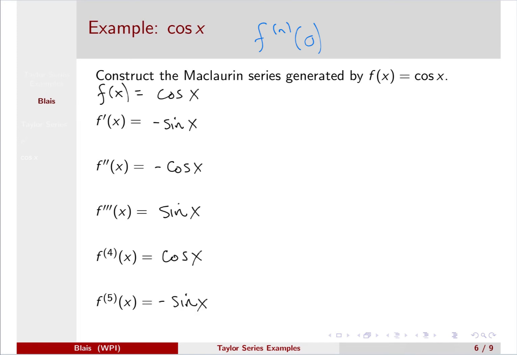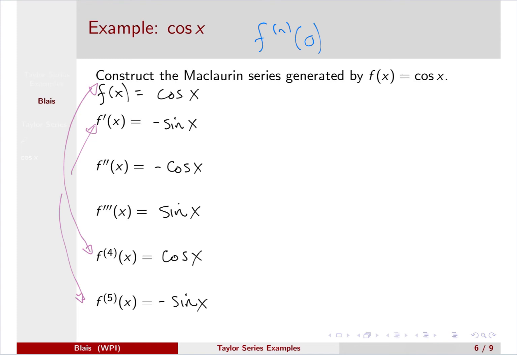And one key thing to note here is we now have a pattern. We see the 0th and the 4th derivatives match. The 1st and the 5th derivatives match. The 2nd and the 6th derivatives will match.